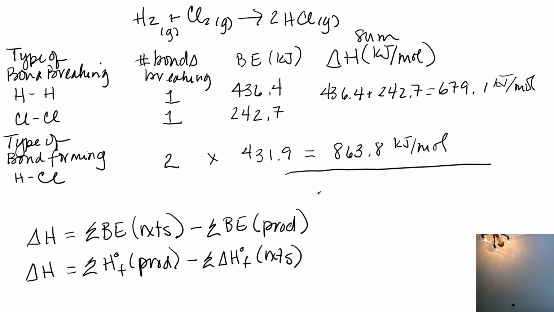Okay, so I subtract that, and my delta H for this reaction is then negative 184.7 kilojoules per mole. An exothermic process.